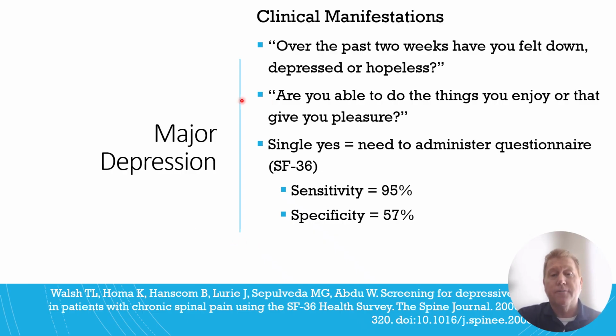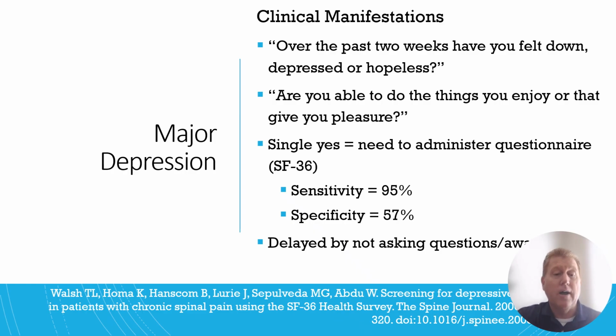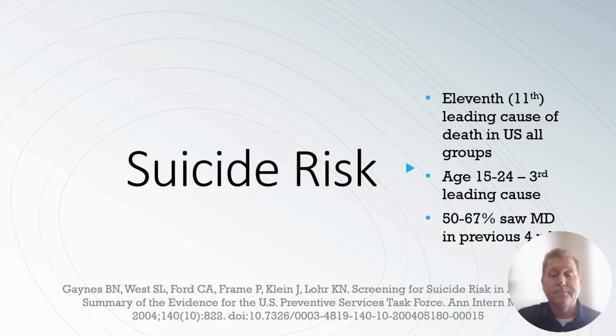With this first question, this is a little bit of an obvious question, so we have to take all that into context with what we're actually seeing the patient for. The biggest thing that we'll see here is that delayed onset or not asking these questions will decrease the potential for this person to receive any treatment for depression should it be present.